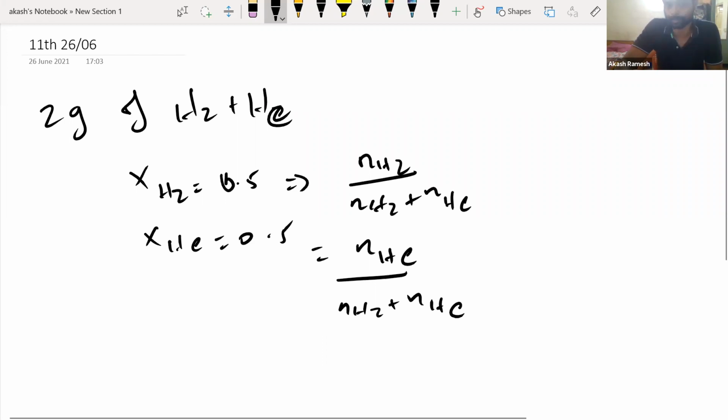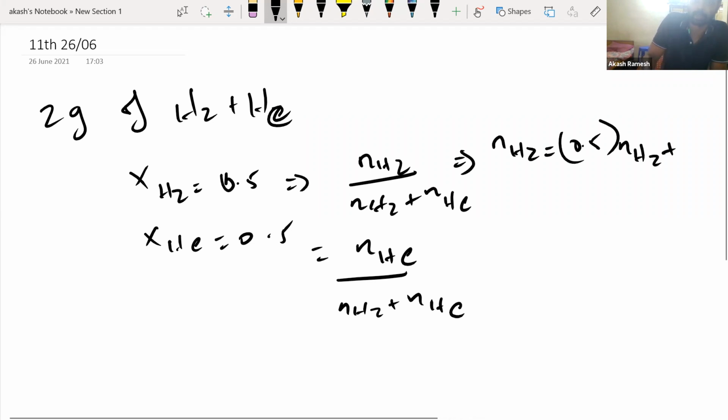Okay, now we can do one thing. Look at this, guys. We can do it like this. Say number of moles of H2 is equal to 0.5 into number of moles of H2 plus number of moles of helium. This we can write from this equation. Or you can write number of moles of H2 plus number of moles of helium is number of moles of H2 divided by 0.5.